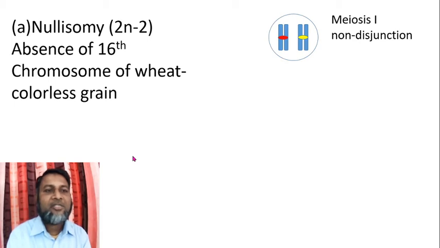That means in case of human, we have 46 chromosomes in diploid condition. If any person has 44 chromosomes, that means that is Nullisomy.